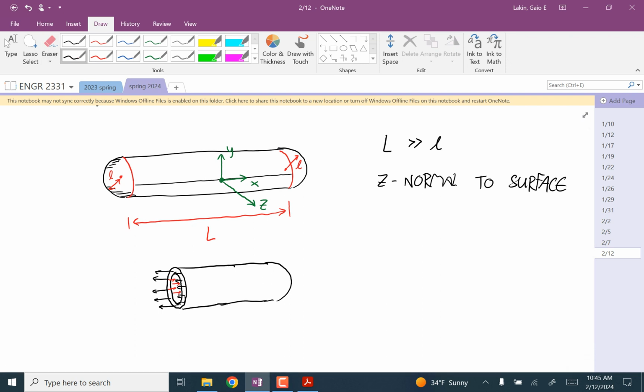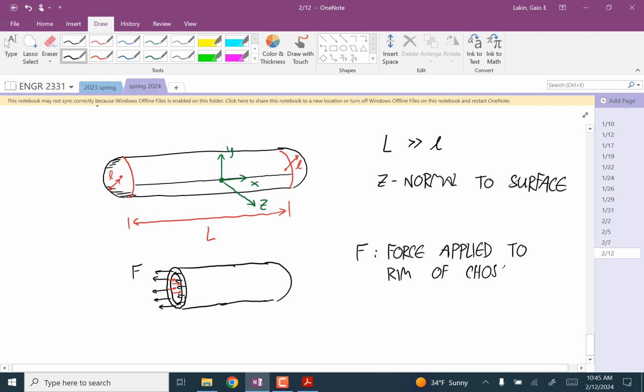So the black is the force F. And F is the force applied to the rim of the chosen piece by the adjacent material.